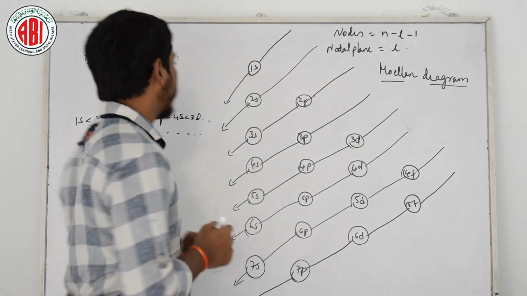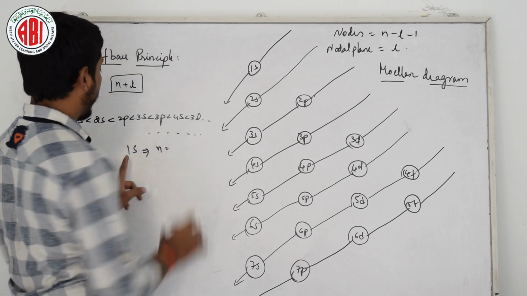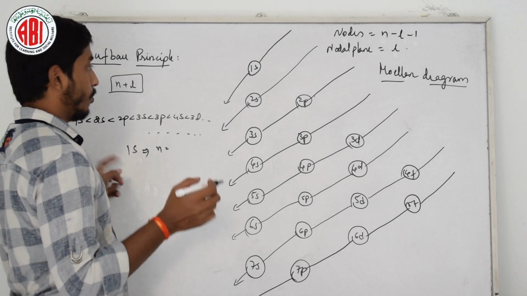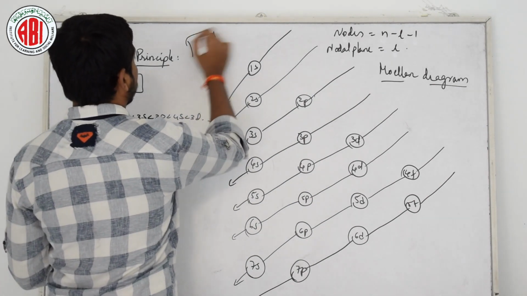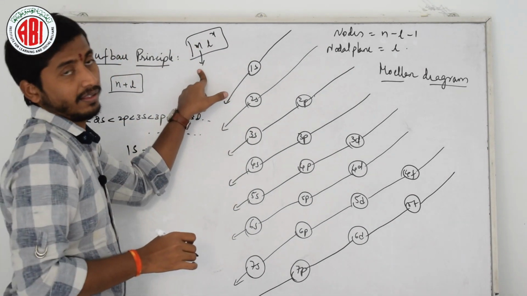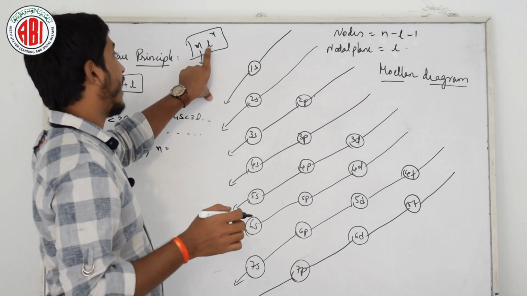How did he define it? Shall we check once? Now see here, for 1s orbital, what is the value of n? If you don't know how to write that, remember this order: n L power x. What is n here? n is the principal quantum number. What is L?